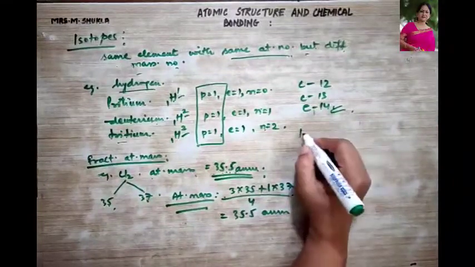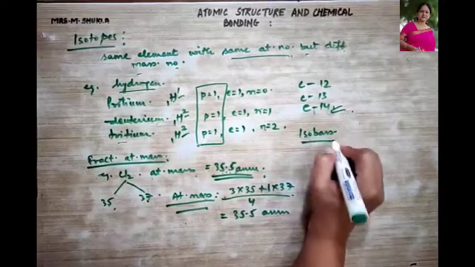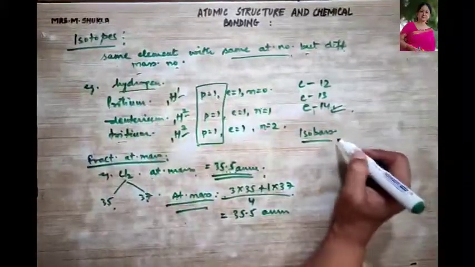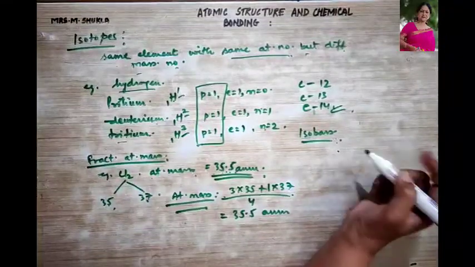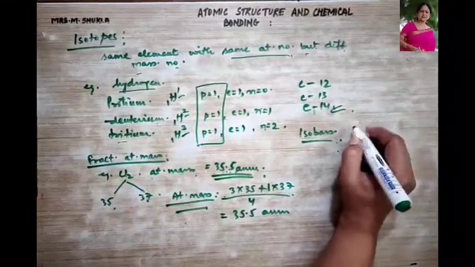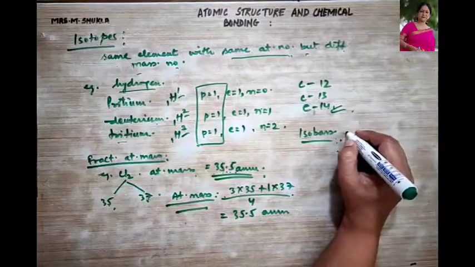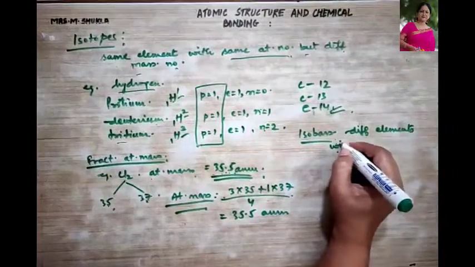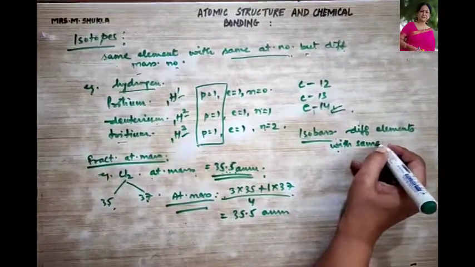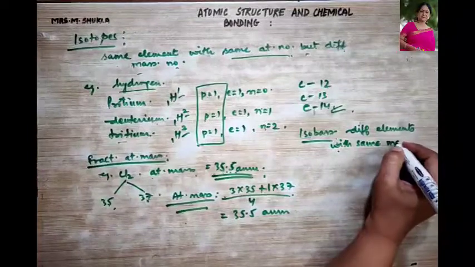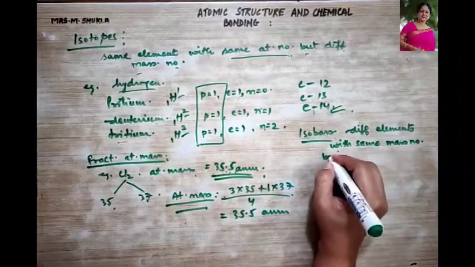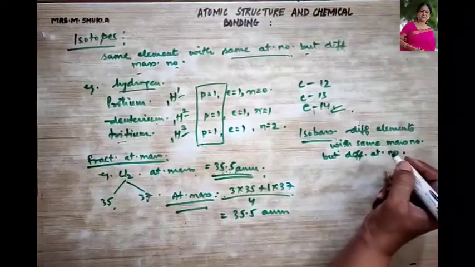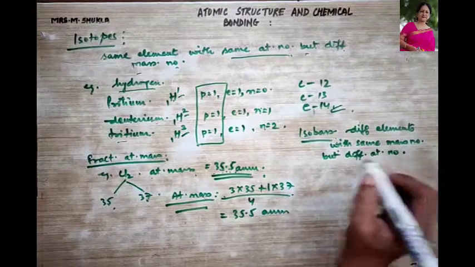Lastly, we talk about isobars. What are isobars? The atoms of different elements. Now here they were same elements. Here I am talking about different elements. They have same mass number but different atomic numbers. So different elements with same mass number but different atomic numbers are termed as isobars.